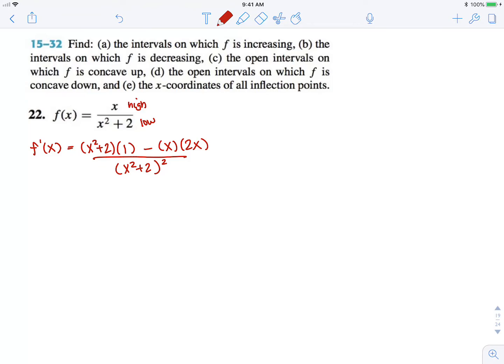So now if I simplify my numerator, f prime of x becomes negative x squared plus 2 over the quantity x squared plus 2 squared. So now that I have my derivative, I need to find my critical values.